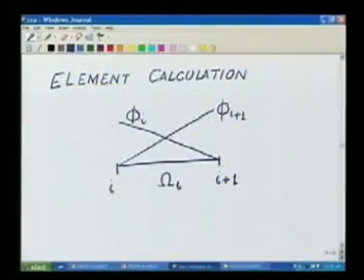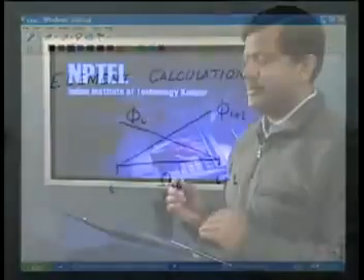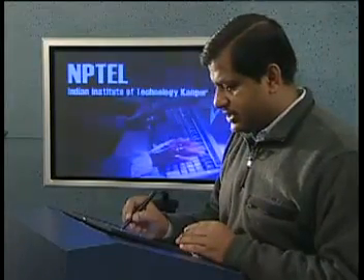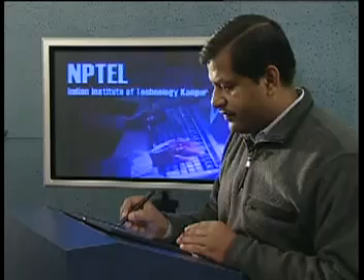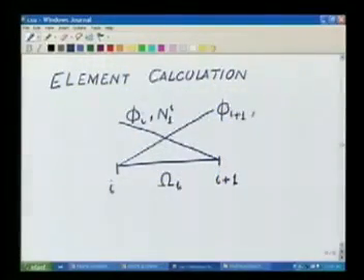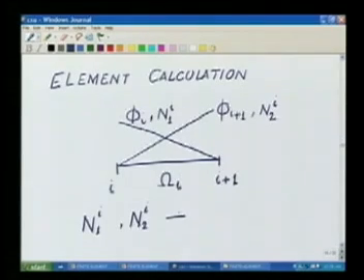These phi i's in the element are given a name. The name is N1 of element I and N2 of element I. This N1 of element I and N2 of element I are called element shape functions.